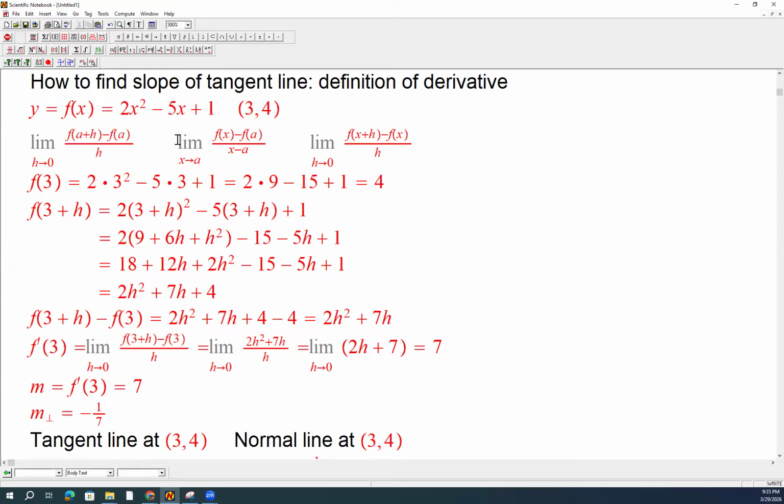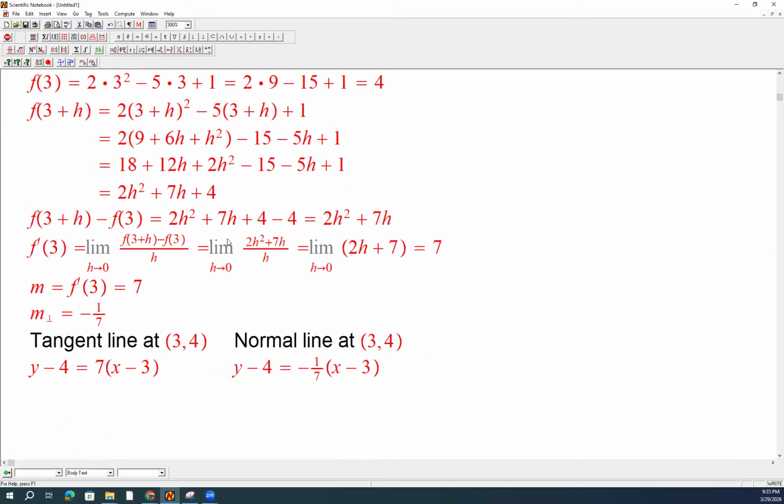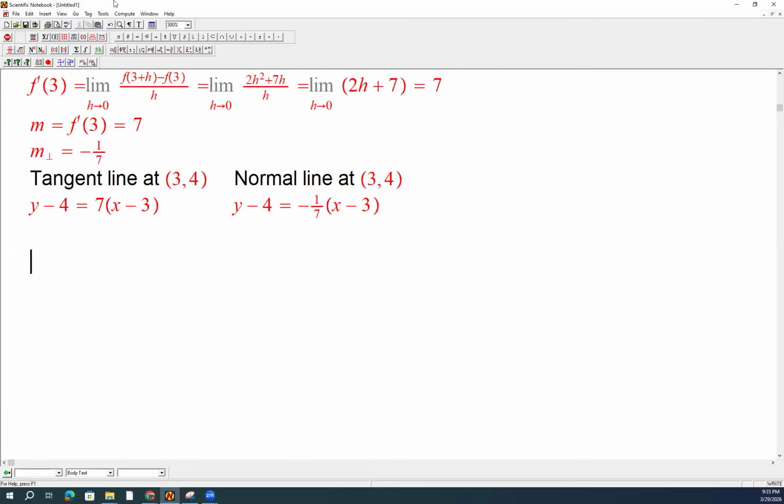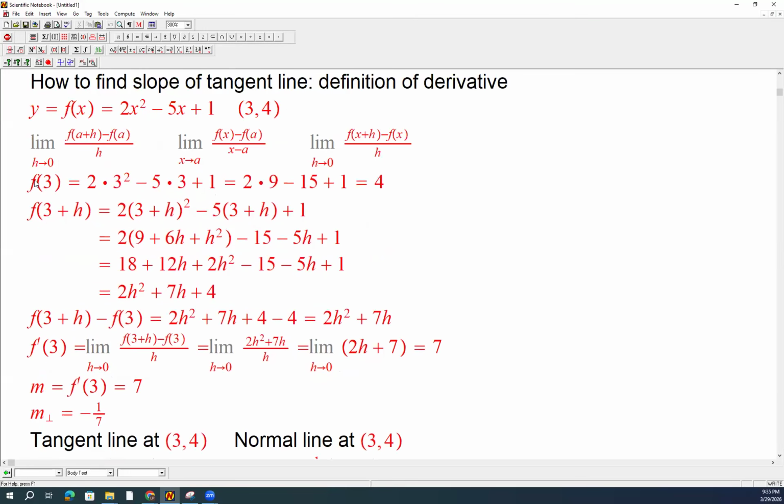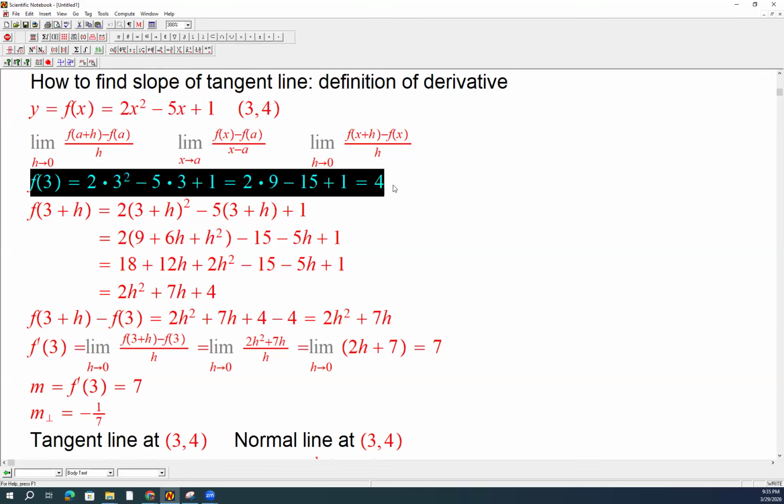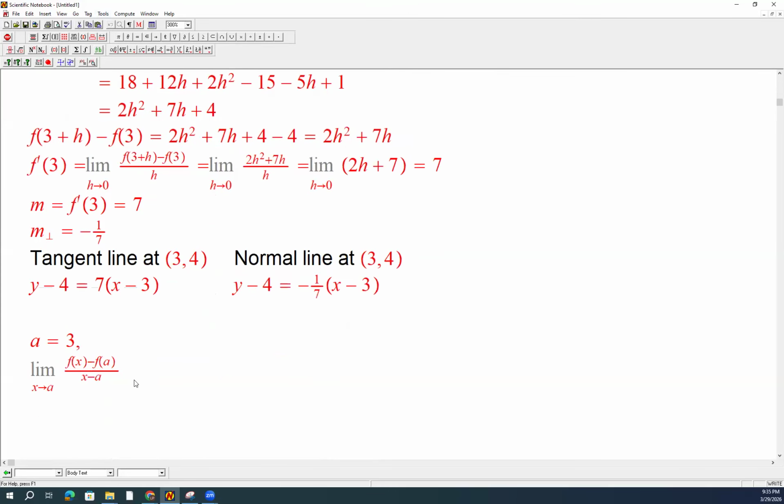Okay, the other way, which I'd like to mention today, because some people ask about it, so why couldn't we use that formula? You could, okay? So for example, in our case, if a equals to 3, still for the same point, we can find the slope, right? And our f of x, instead of doing f of 3 plus h, we would just keep the f of 3 equals to 4.